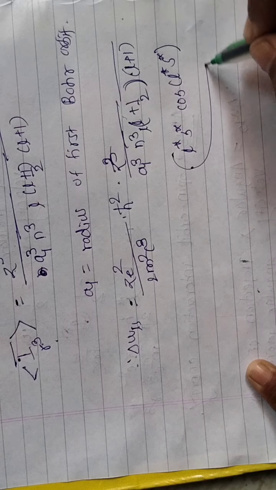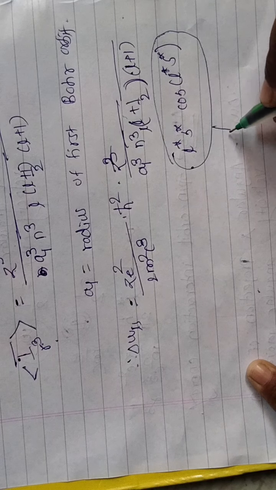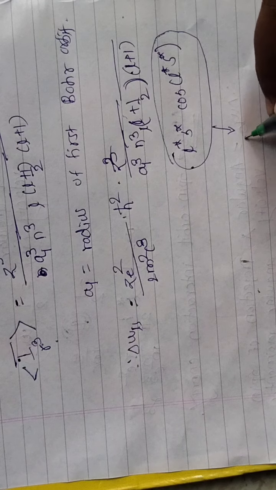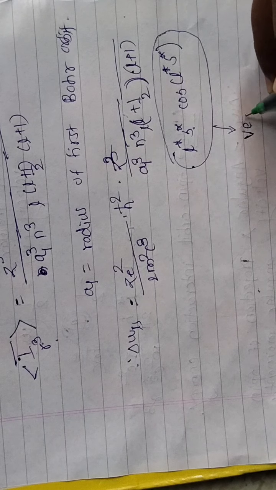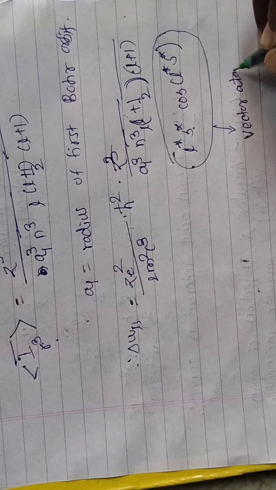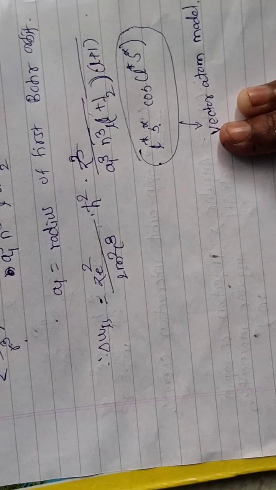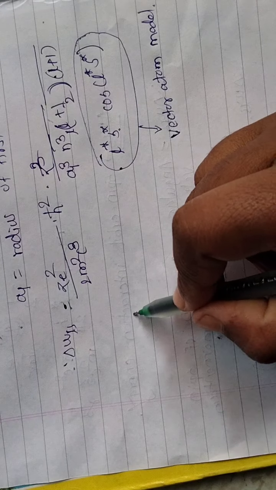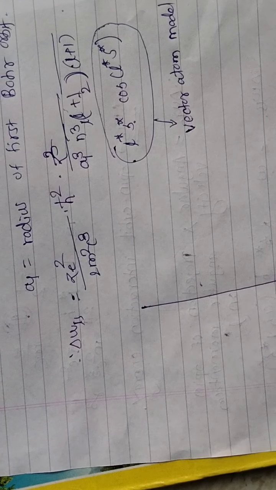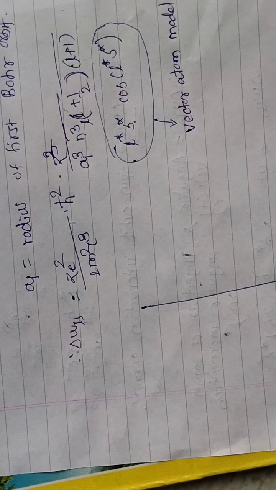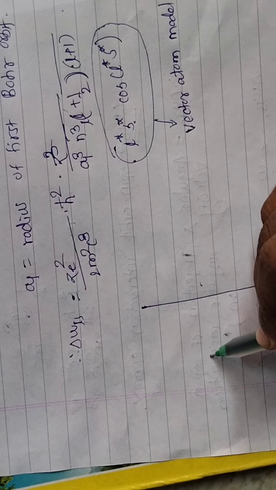But for this we consider the vector atom model. For this value we consider the vector atom model. In that vector atom model, suppose this is, when a magnetic field is applied, electrons are revolving.